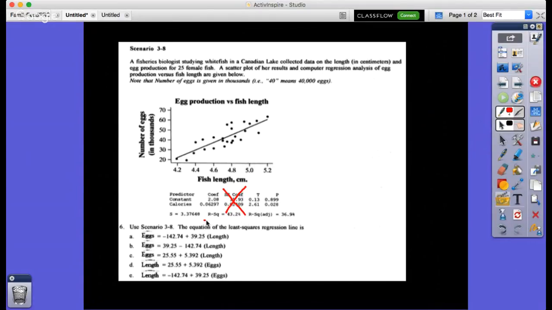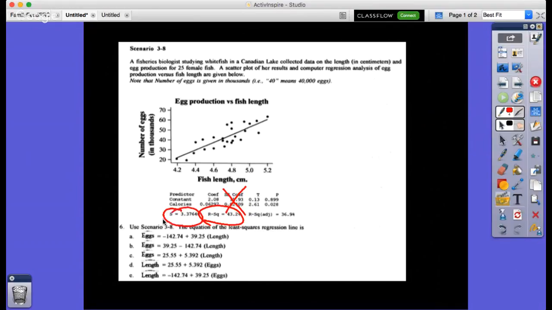And R squared is the variation in Y as it relates to the least squares regression line of X, right? Remember that definition? That's R squared. S is the residual, that'd be the average error. We would square root it to find what our average error would be there.